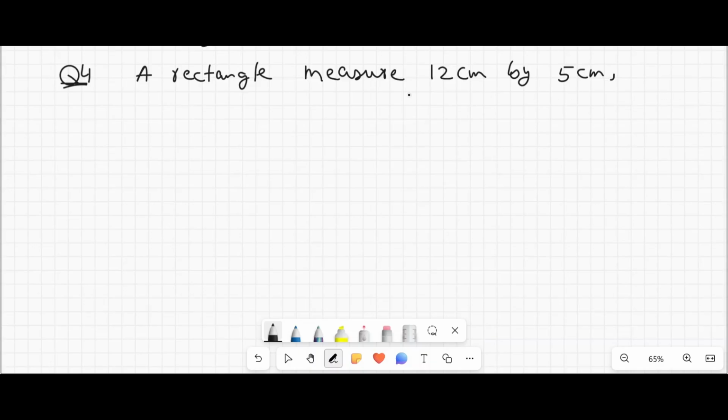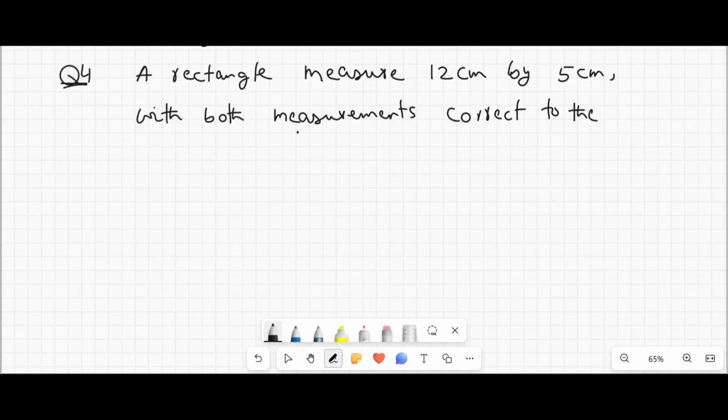But what question number 4 says is that both measurements are correct to the nearest centimeter.